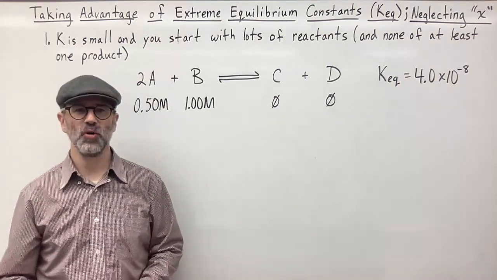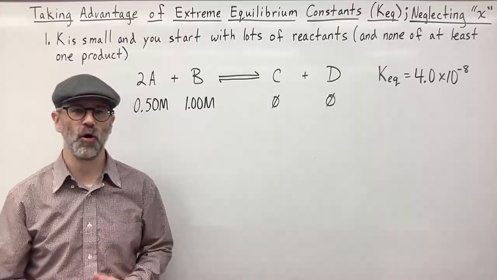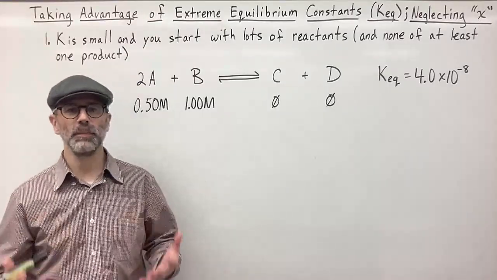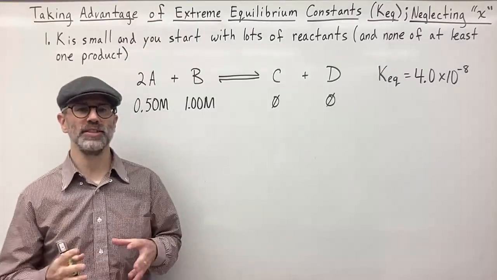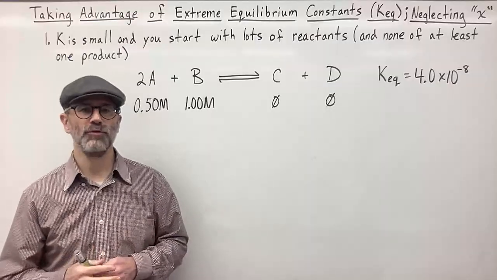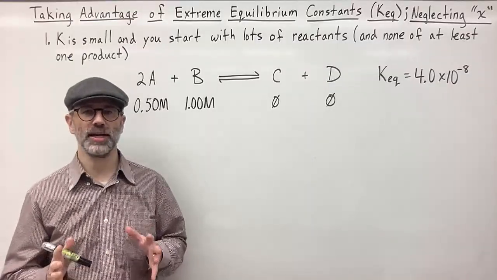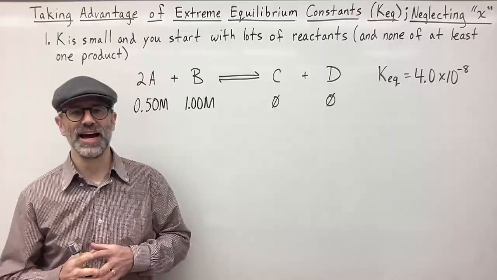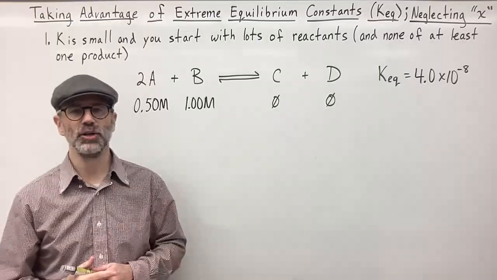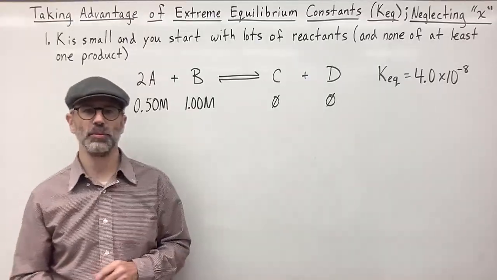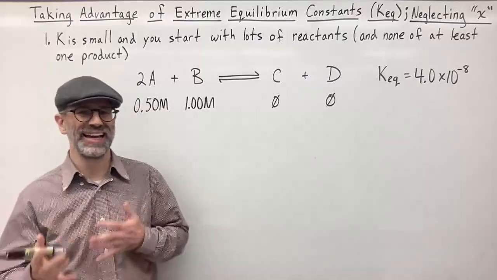My name is Mr. Cobalt, and in this video we're going to go over equilibrium problems, and in particular we're going to focus on how to take advantage of those extreme equilibrium constants where you have either a very large or a very small equilibrium constant and you can neglect x.